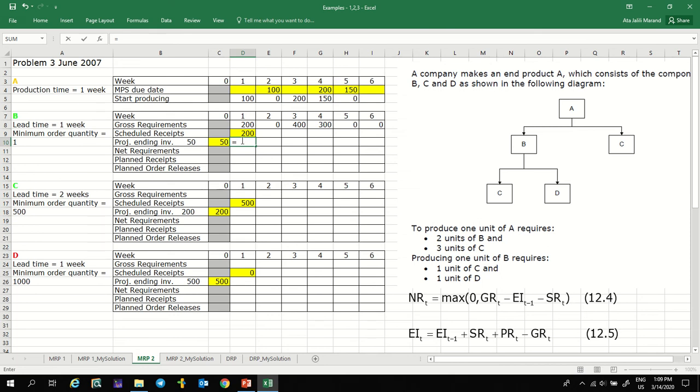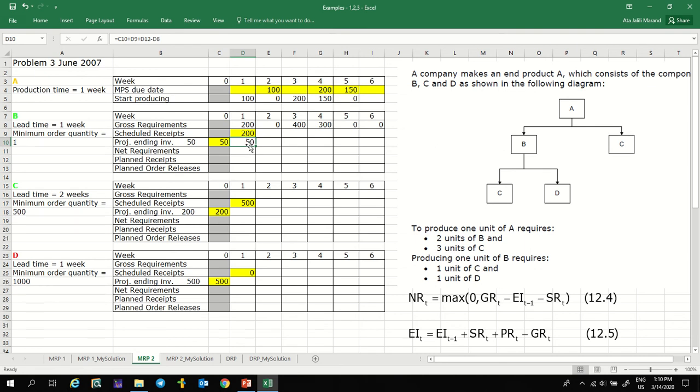The projected ending inventory is the difference between inflow and outflow. So ending inventory from the previous period, plus scheduled receipts, plus planned receipts, yes, this cell, minus gross requirements.